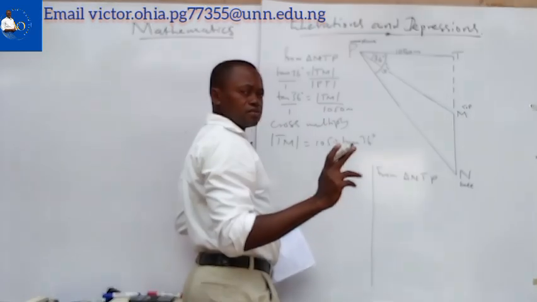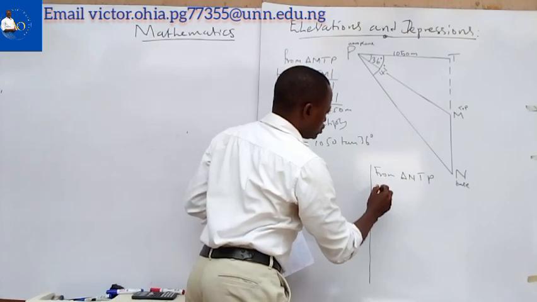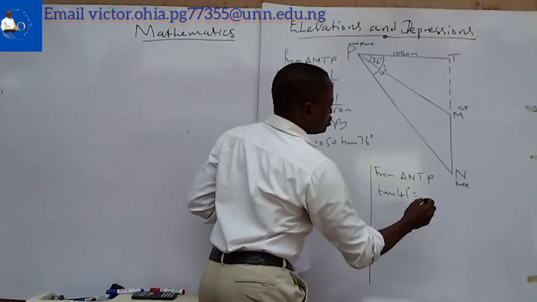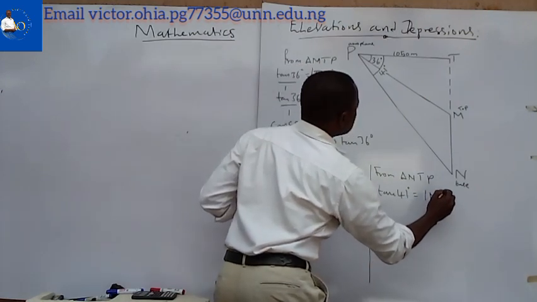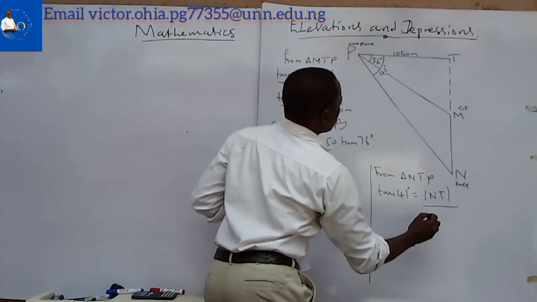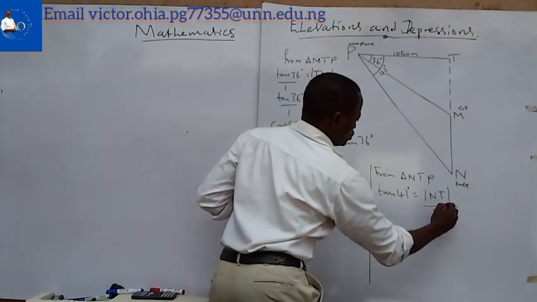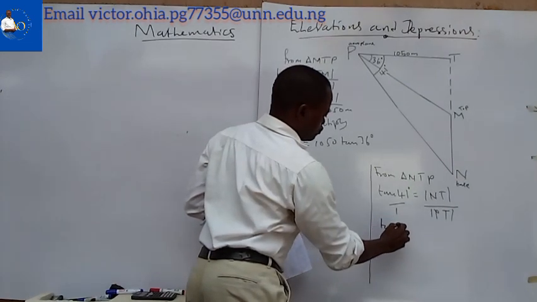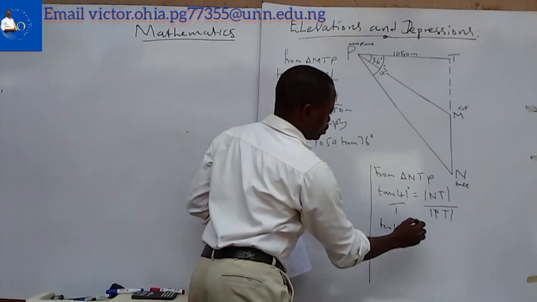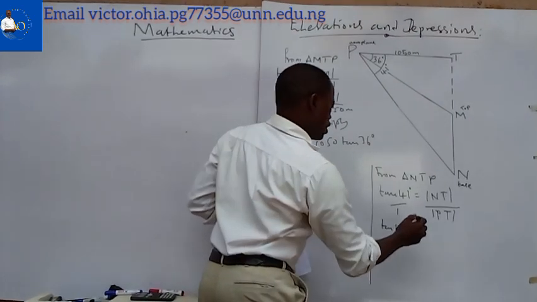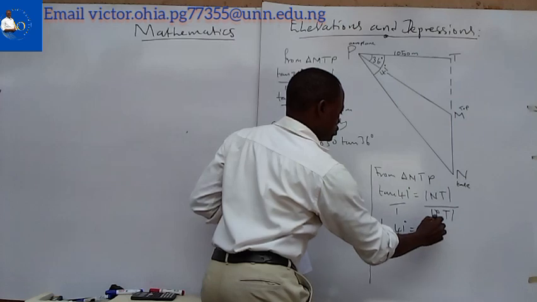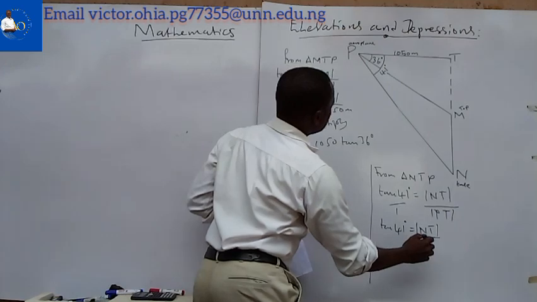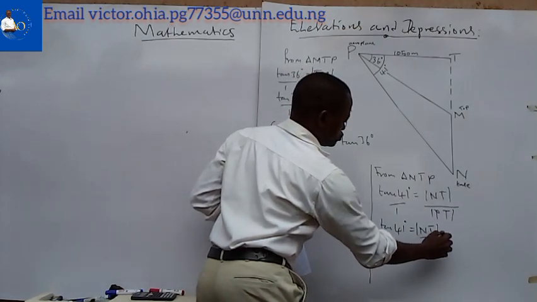So we are still maintaining the tangent of that angle 41. So I will say again, tan 41 degrees equals the opposite, NT over PT, which is 1050.